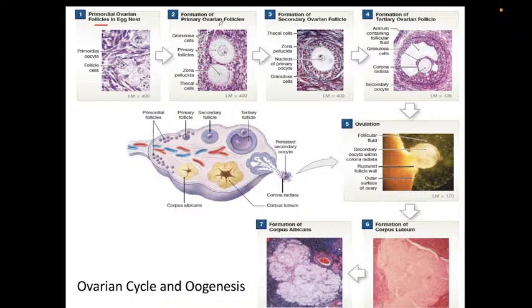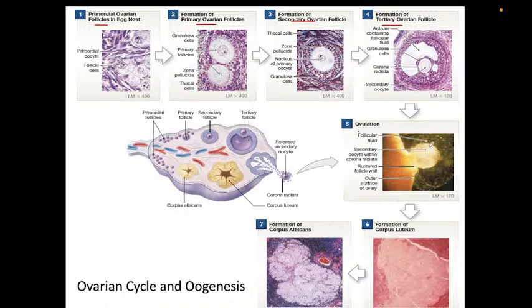Then formation of primary follicles, then secondary and tertiary, and this tertiary ovarian follicle is the matured follicle, and this is the process.